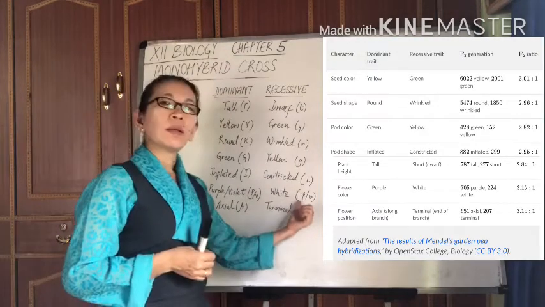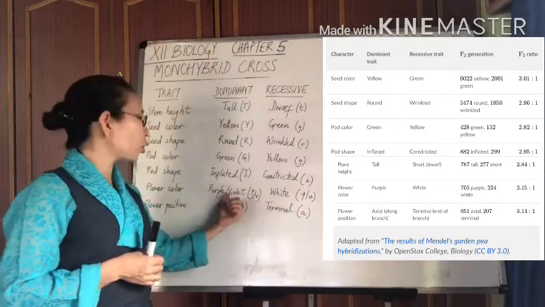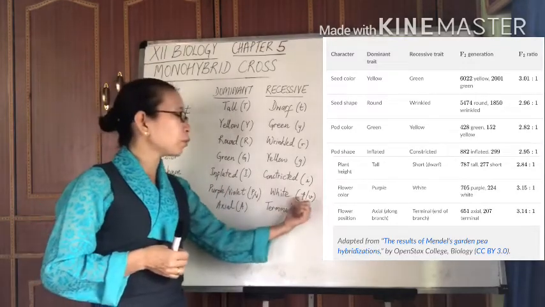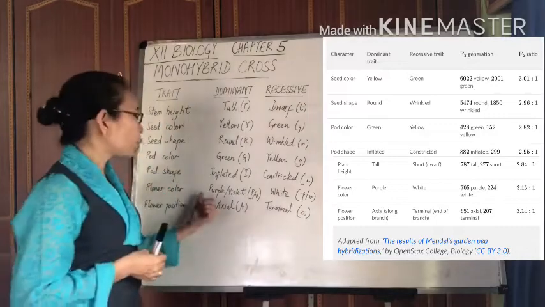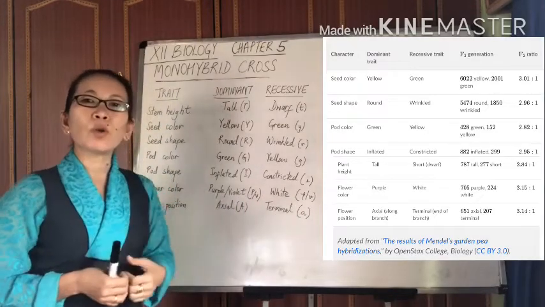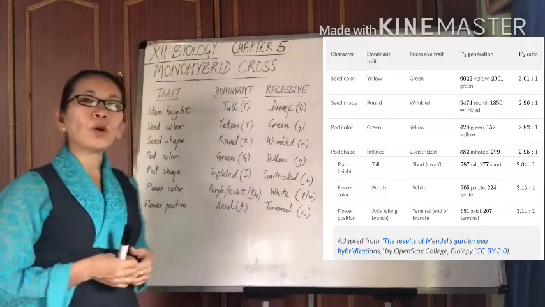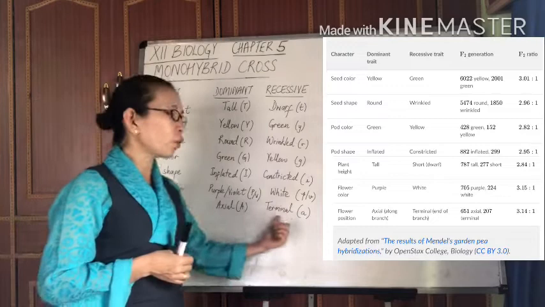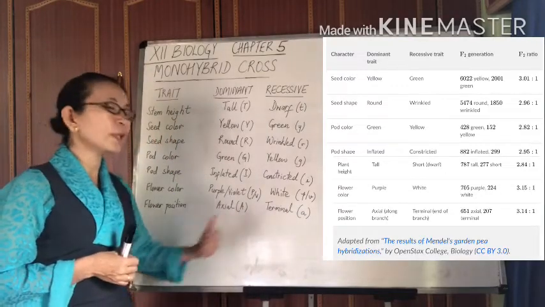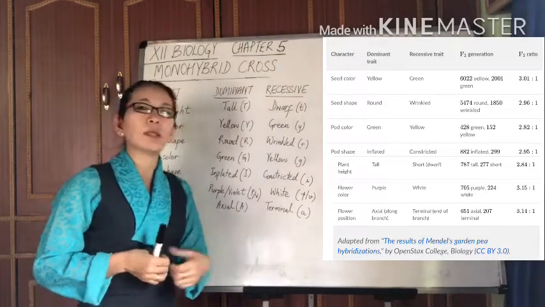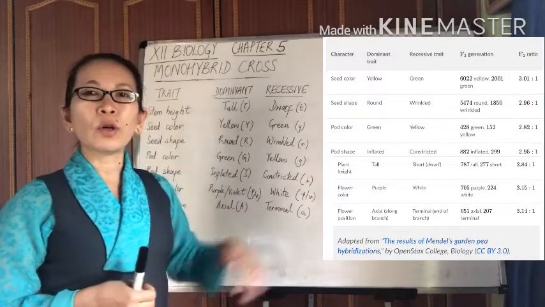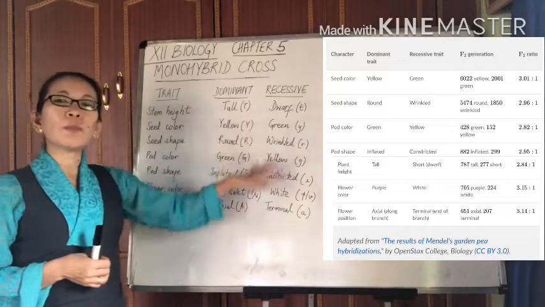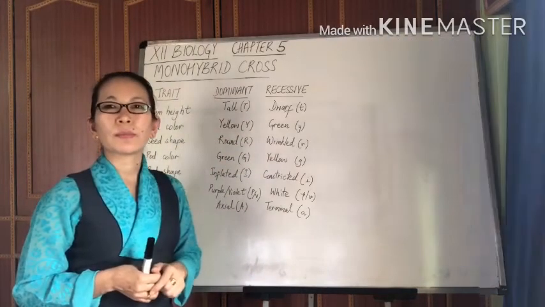And for white, based on which dominant color you are using: if you're using purple, then white would be denoted with a small p. If you're using violet, then you're going to be using small v as the denotation for white color. And finally, flower position: axial is dominant over terminal. So axial is denoted with capital A and terminal is denoted with small a. So these are the 7 traits with all of their contrasting dominant and recessive traits.